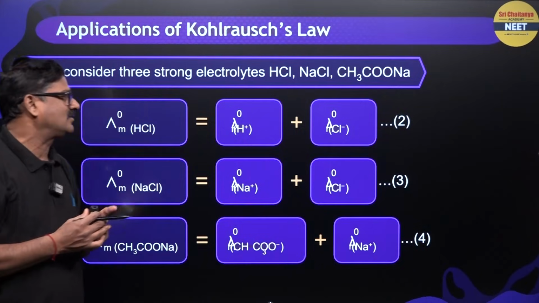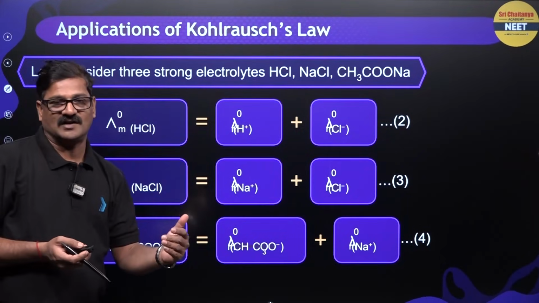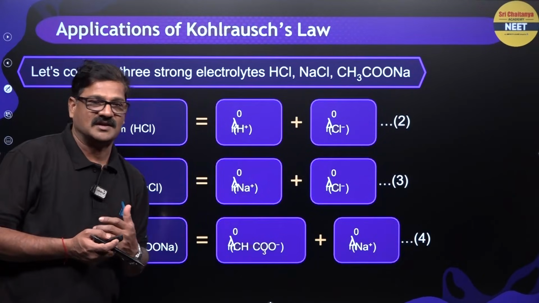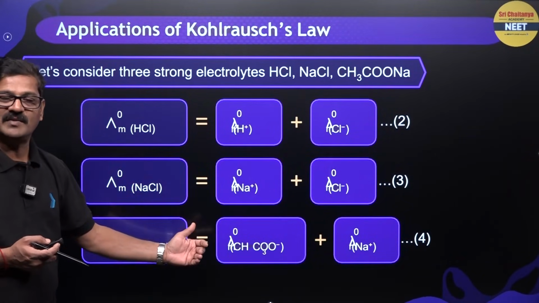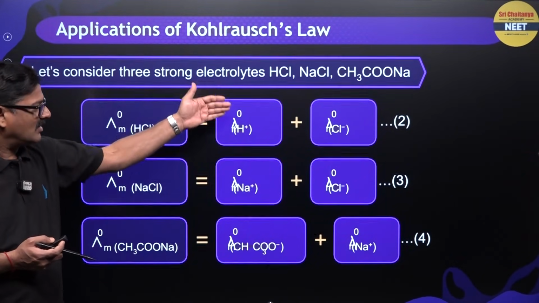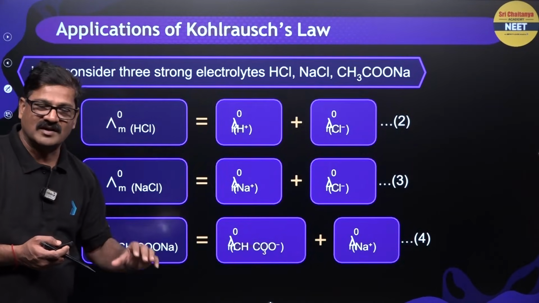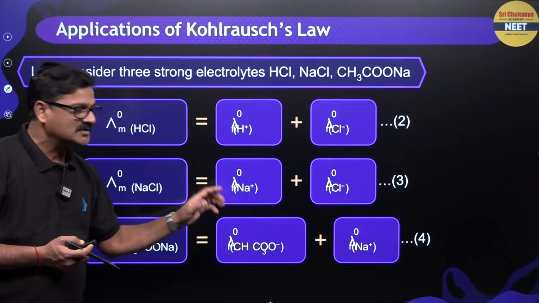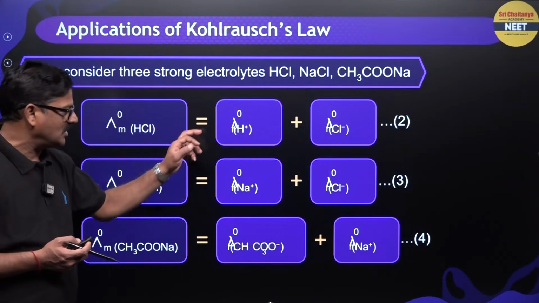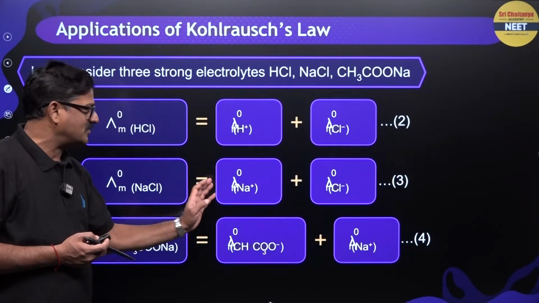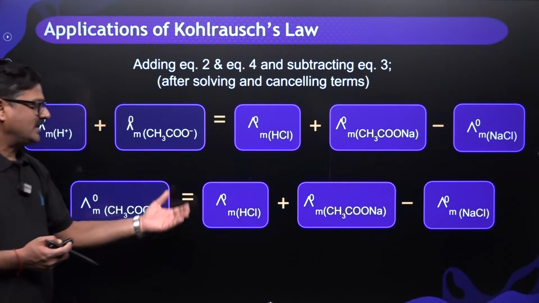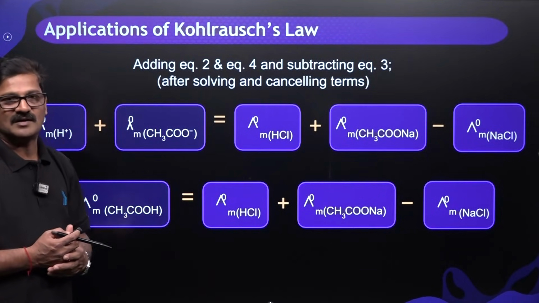So, it can be done by taking HCl into consideration, taking sodium chloride into consideration, and taking sodium acetate into consideration. All these three are strong electrolytes. You add HCl and sodium acetate and subtract sodium chloride, which we don't need, so that ultimately you get the acetic acid molar conductance.